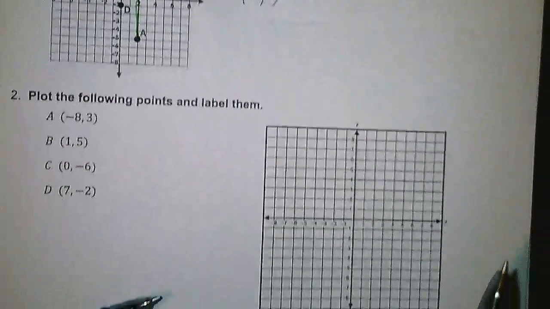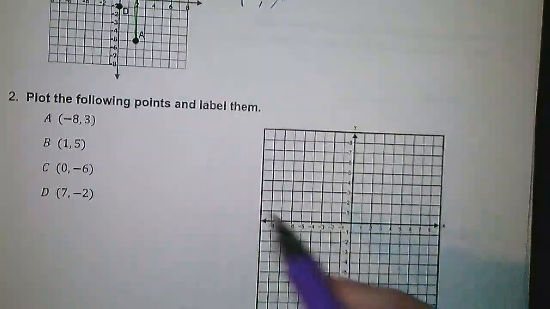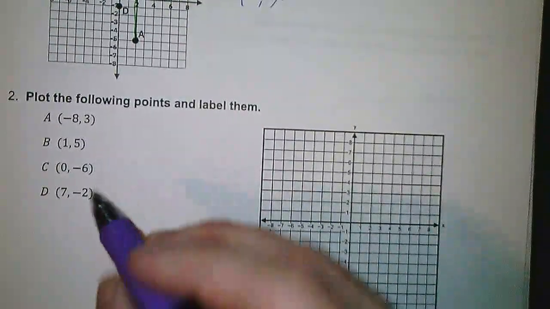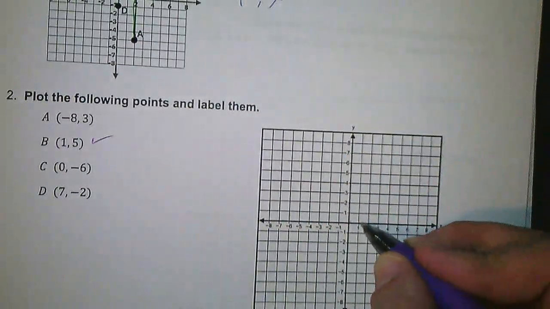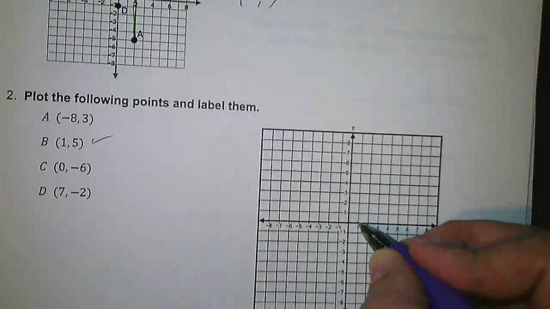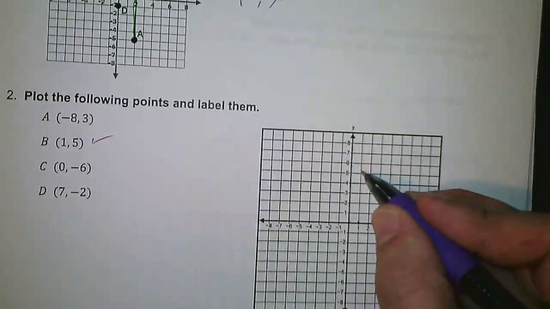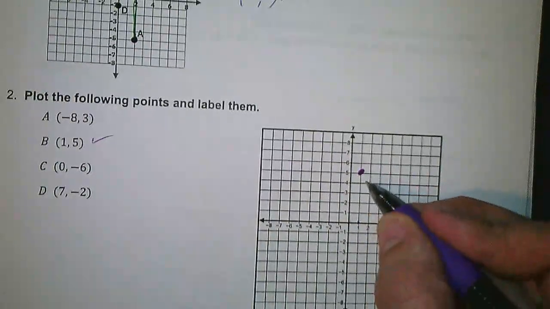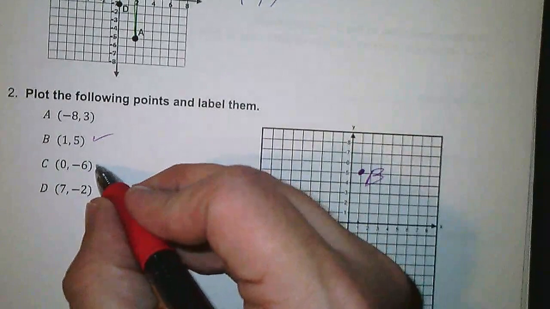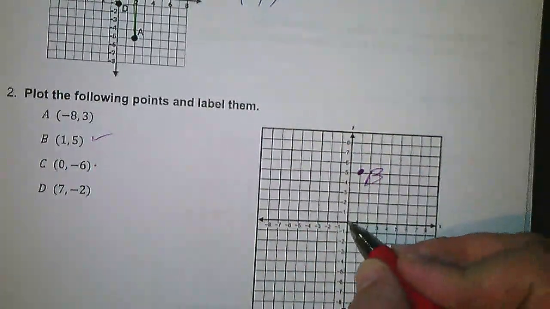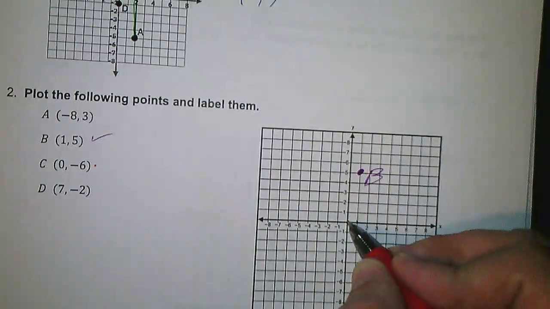And then number 2 here, I won't make you watch me plot all of these, but 1, 5, we move from the origin 1 unit to the right because that's positive, 5 units up, and that's point B. And point C here, we would not move to the left or right because the x value is 0.